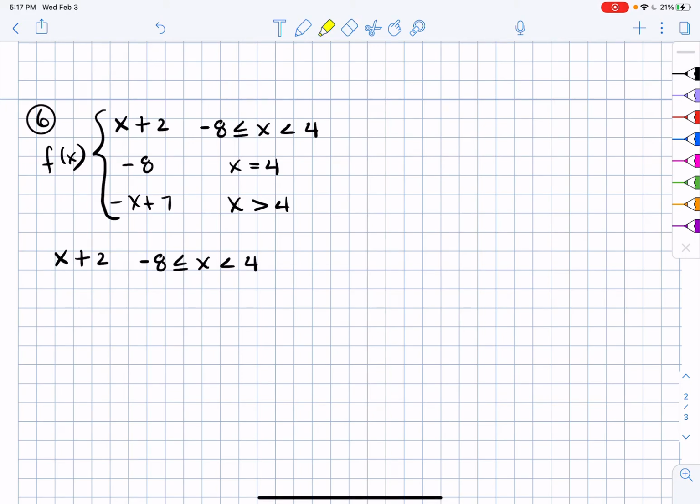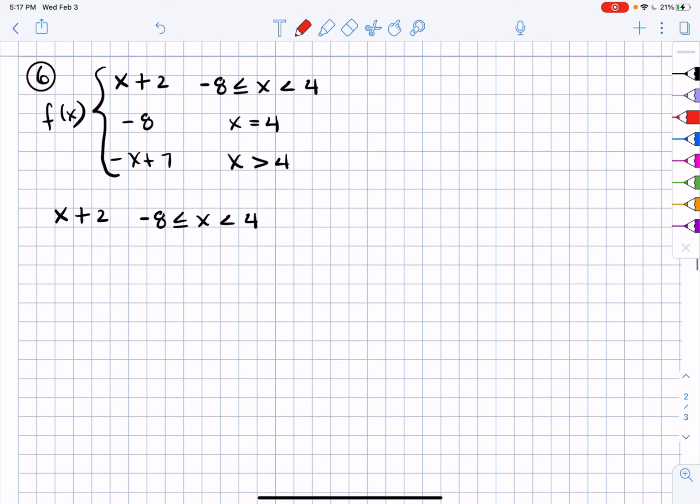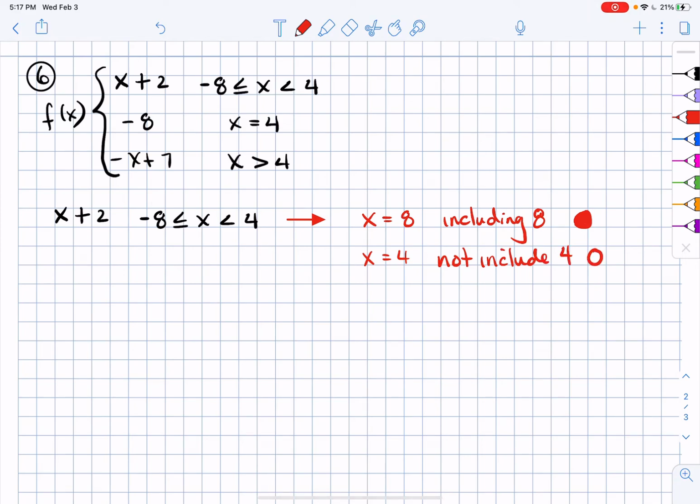Okay. So what I see on this piece is that when x is equal to negative 8, including 8, meaning at negative 8 it's going to be a closed circle. But at x equals 4, not including 4, meaning an open circle. Okay?